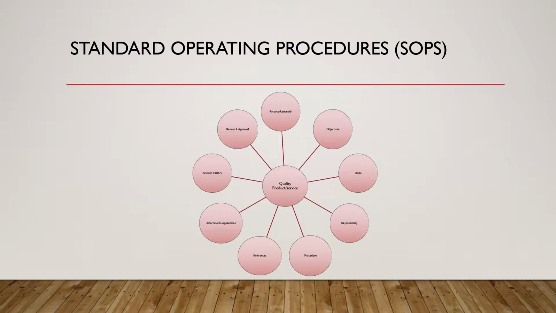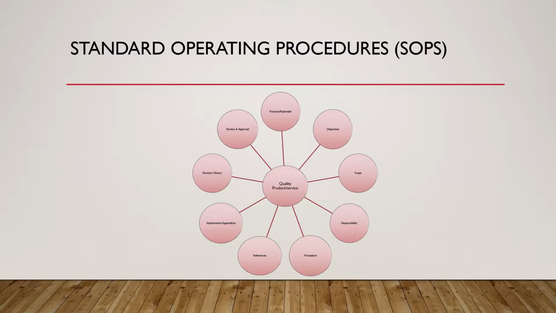In a standard operating procedure, also called an SOP, you are trying to create a quality product or service and to keep producing that quality over and over again. The SOP has a number of headings and typically starts with a purpose or a rationale for the particular procedures that are being undertaken.